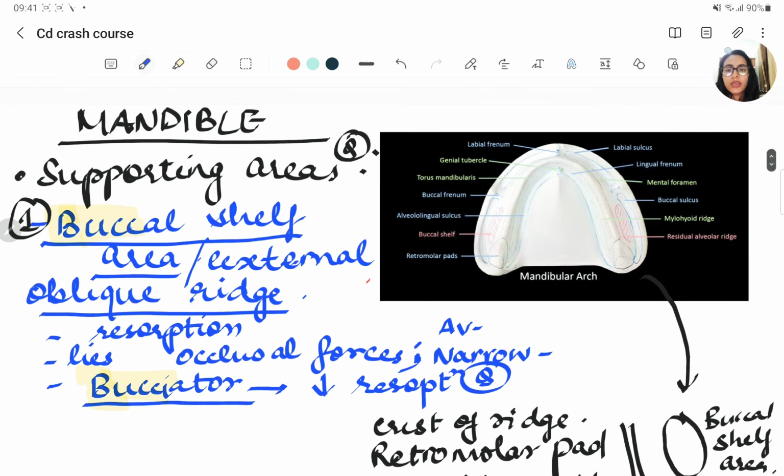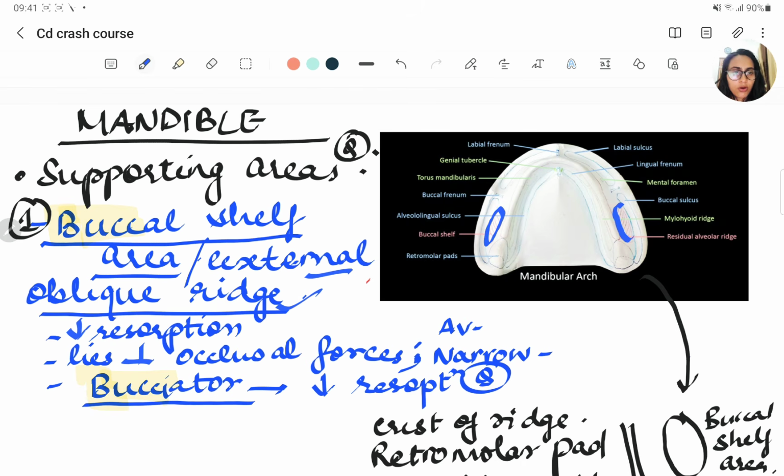So supporting areas: buccal shelf area, which is also known as external oblique ridge. There is going to be reduced resorption in buccal shelf area. There is less amount of resorption. It lies perpendicular to the occlusal forces. So in general, this is a buccal shelf area.